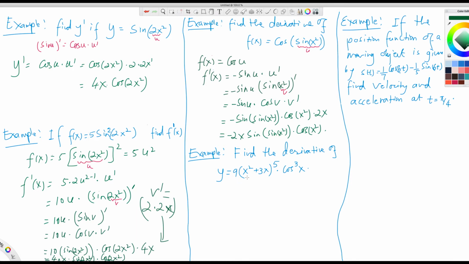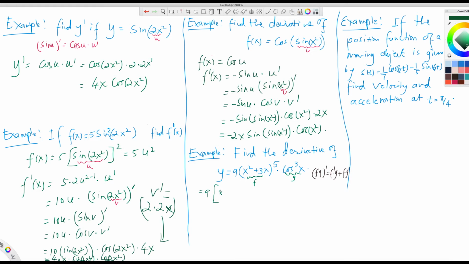So you can think of this as f, and this as g, right? So what is the derivative of f times g? It is f prime times g plus f times g prime. You see that? So that's what you do. Let us use the product rule here. You get 9, which is outside of everything, right? So f prime, what is f prime?